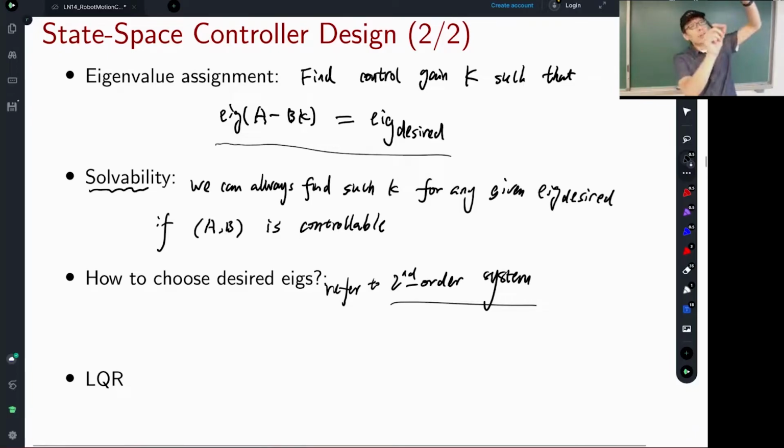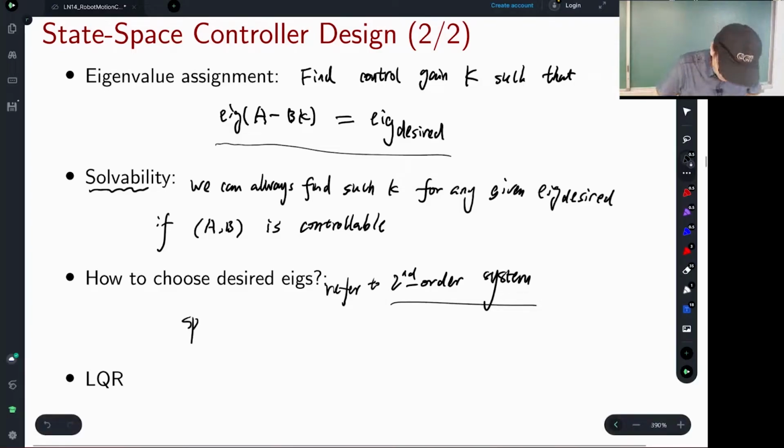You choose desired eigenvalues so that your percent overshoot or rise time meet your specifications, and that can be called a dominant pole. And you can place other poles further away from the imaginary axis, so that the whole behavior is completely captured by a second order system.